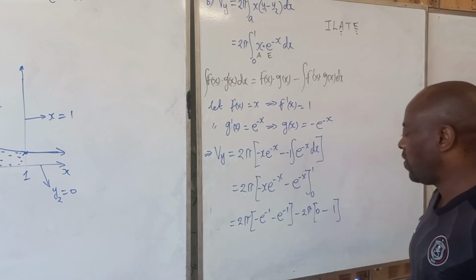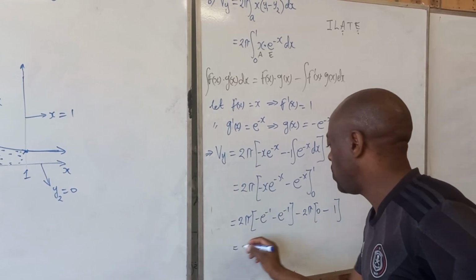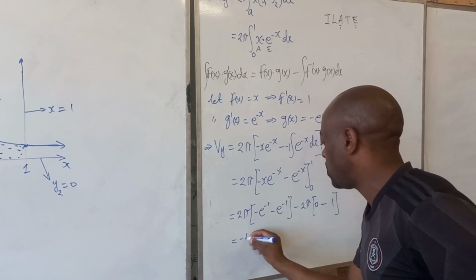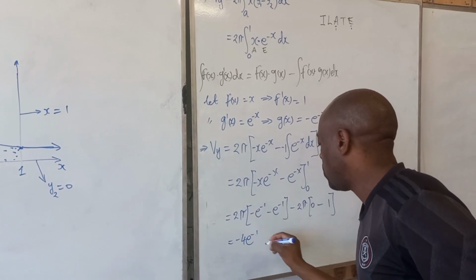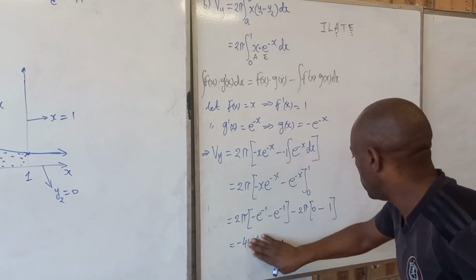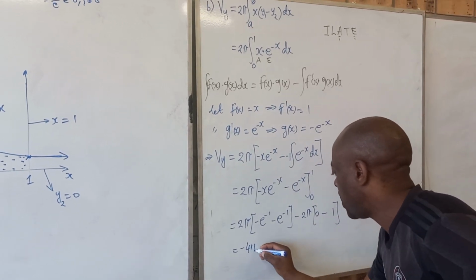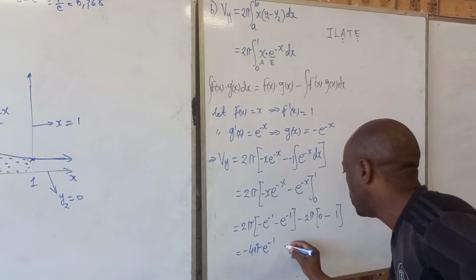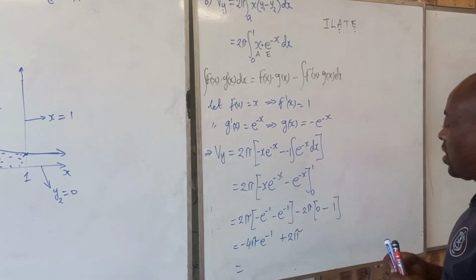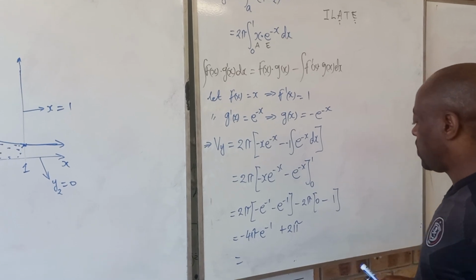If you simplify that, negative 2 times 2 is negative 4, e to the power negative 1, then negative 2 pi times negative 1, this is negative 4 pi e to the power negative 1, and this is plus 2 pi. Then you can go to your calculator to see what that gives you.